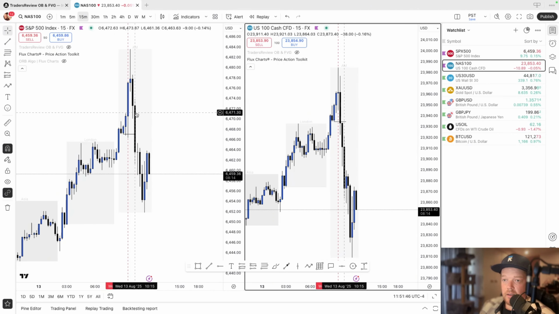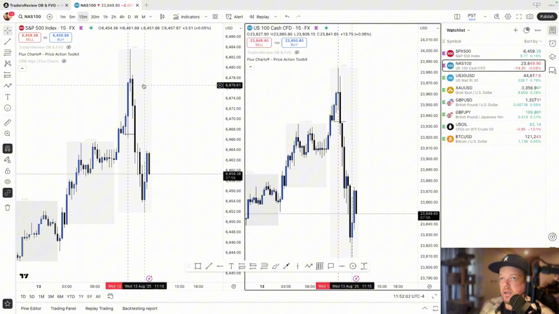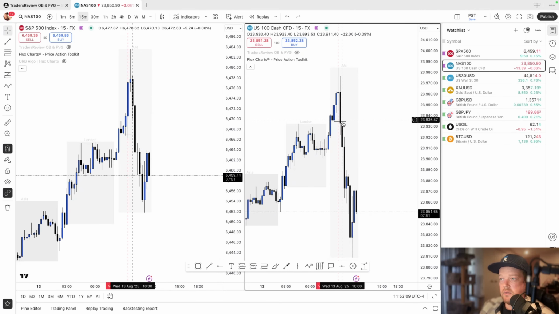At 9:45 on the S&P, we were still far away from this low being broken. So who is the lagging pair? It's going to be the S&P 500. So Nasdaq is telling you what the S&P is going to do. As you can see right over here, Nasdaq was already far away when the S&P broke this 5-minute low.